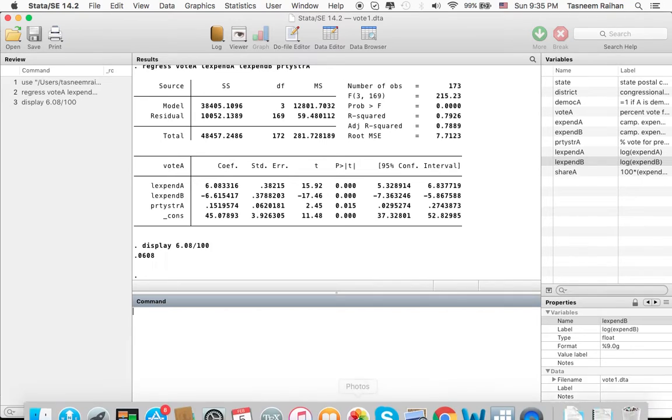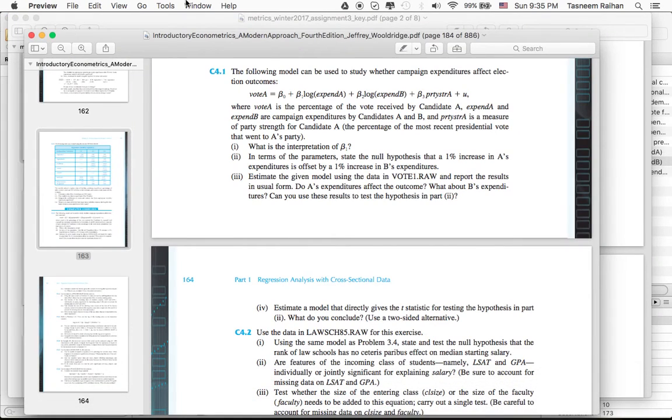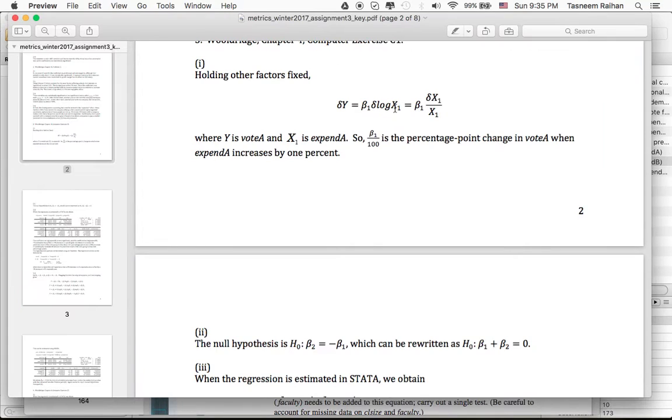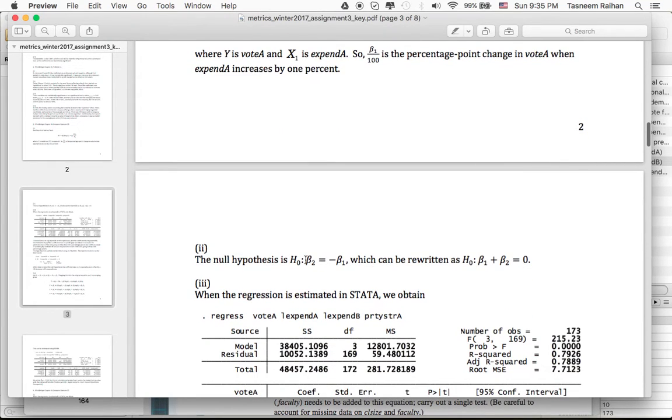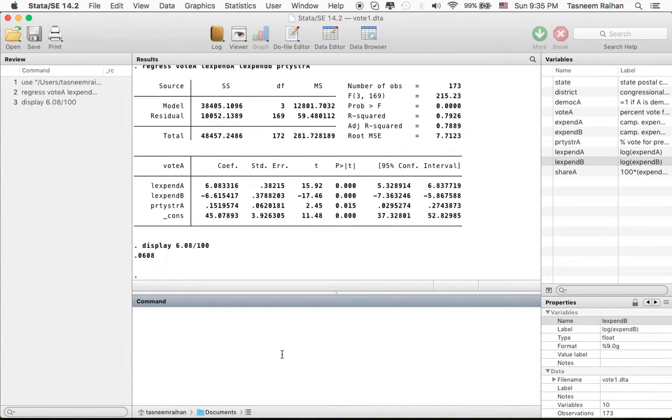Remember, the hypothesis that we wanted to test was this, that beta naught equals minus beta 2 equals minus beta 1, or beta 1 plus beta 2 equals 0, is the same thing. So let's go to Stata, and what we do here is just write test, then we write the name of the variable which is associated with the coefficient beta 1.